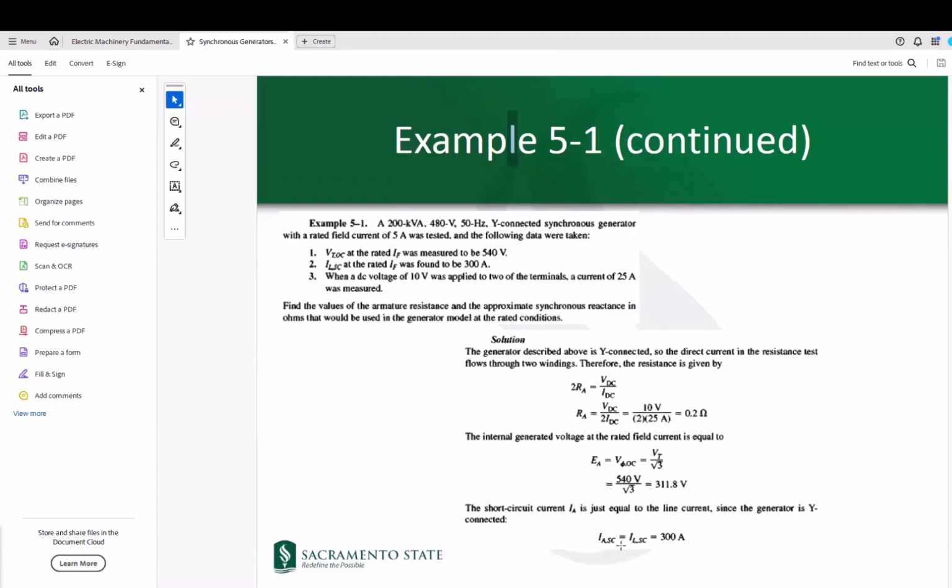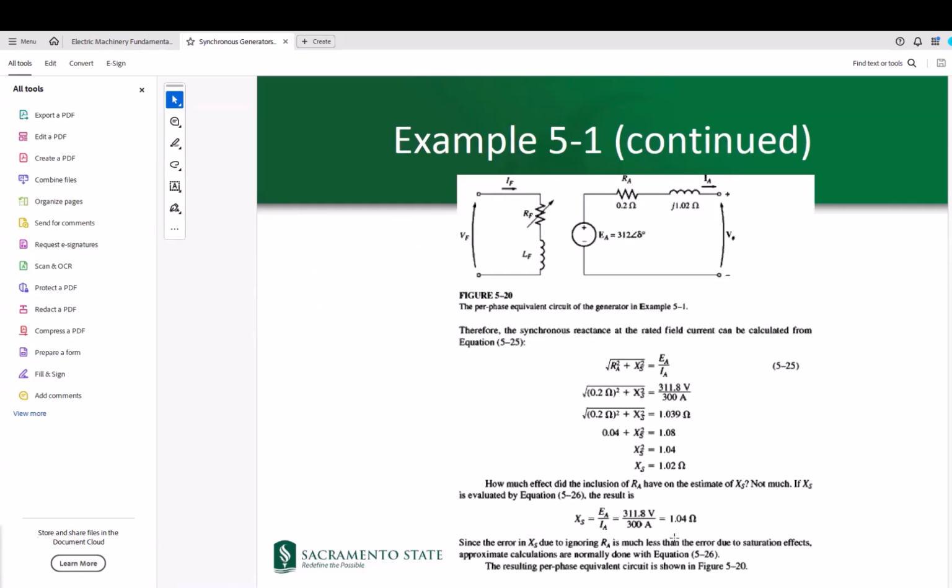Then since the machine is Y-connected, the armature current would be the same as the line current, 300 amps. Dividing 311.8 over 300 gives the square root of RA squared plus XS squared. From here, you can find XS to be equal to 1.02 ohms.